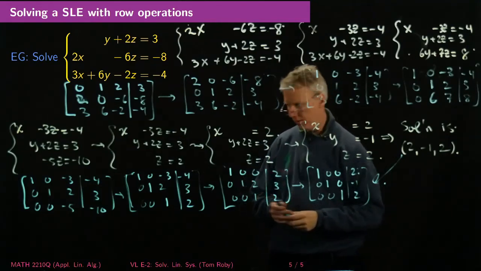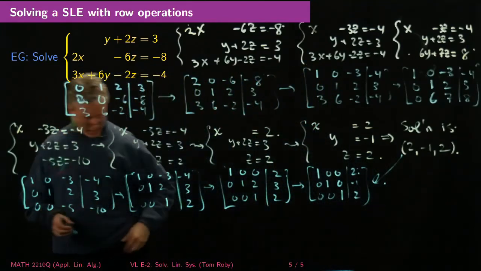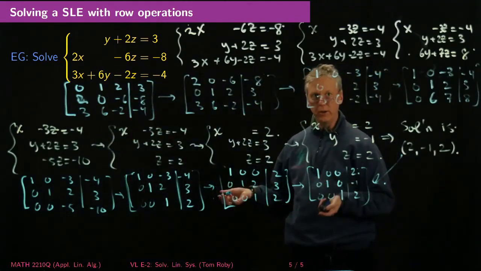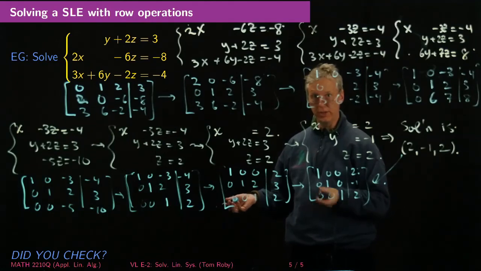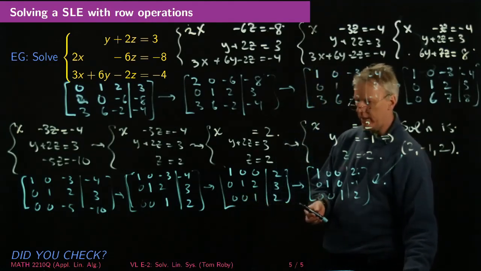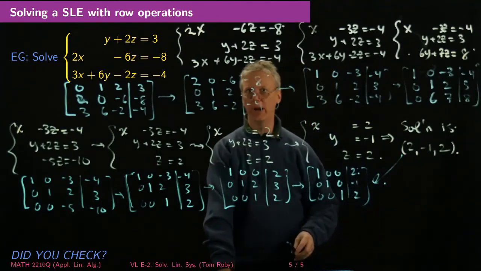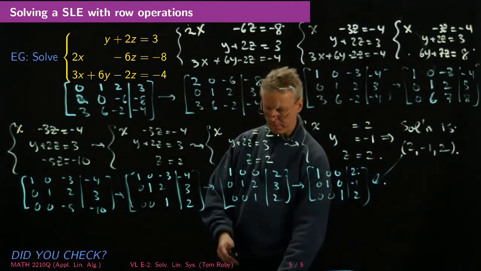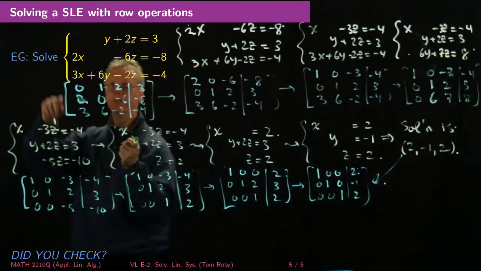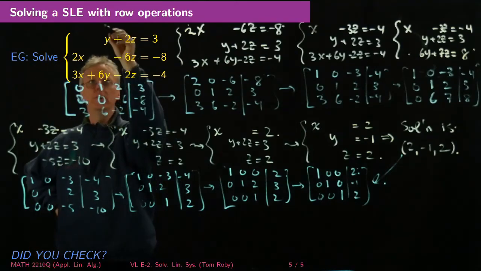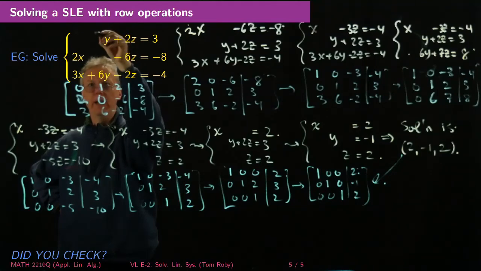Okay, so if I look and see what my next slide tells me to do, I bet, what have I forgotten to do here with all of this? Answer: did I check? Did I check that 2, negative 1, 2 actually works in the original equation, right? So you might want to come back to this original equation and say, okay, what happens if I plug in 2, negative 1, 2?